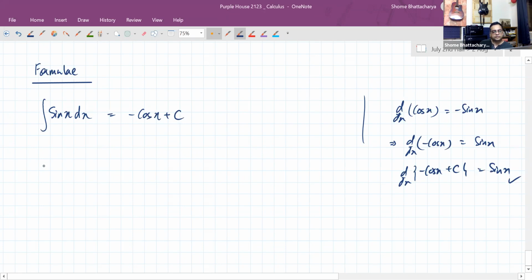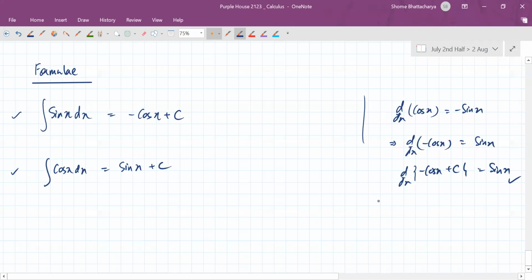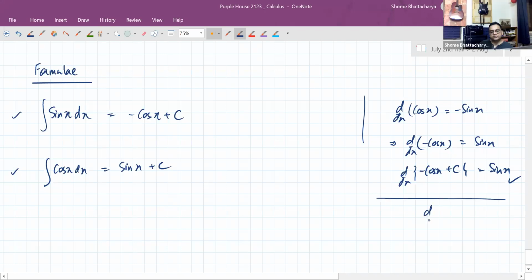So this is the logic of it. Whereas integration of cos x is sin x plus c. It's opposite with symbol, because differentiation of sin is cos. So integration of cos is sin. But differentiation of cos is minus sin, so integration of sin becomes minus cos.